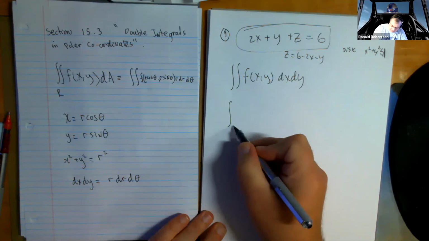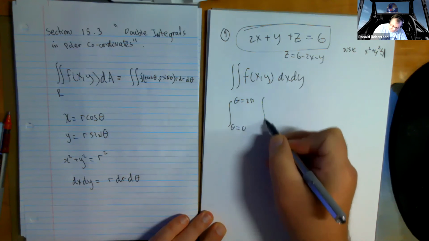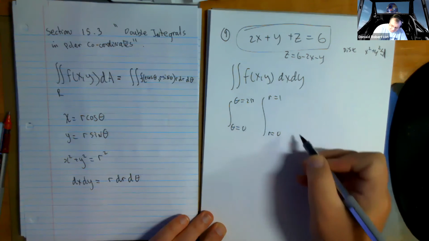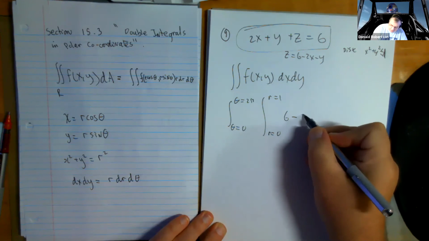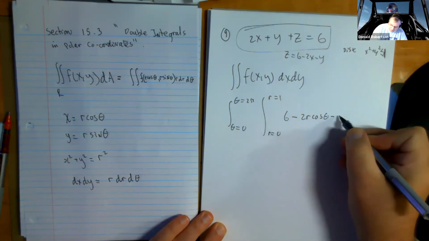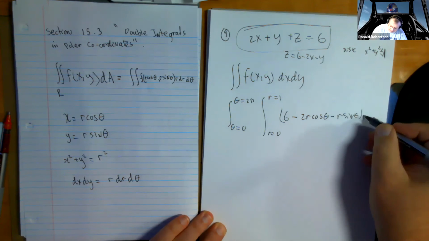So I'm going to do a region from 0 to 2 pi, from 0 to 1, 6, take away 2r cos theta, take away r sin theta, r dr d theta.